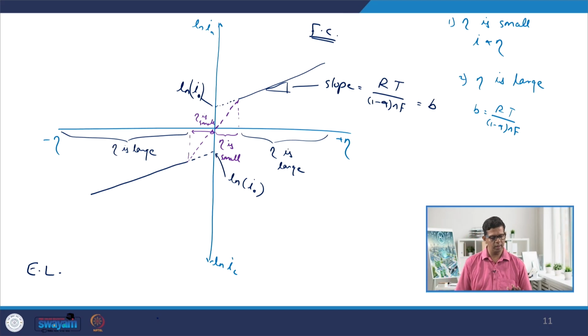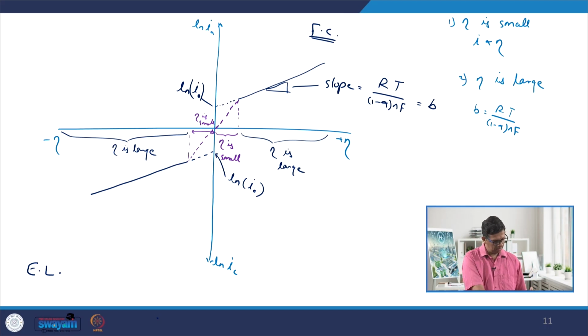We have to understand that eta is negative in the case of electrolyzers and positive in the case of fuel cells. If we extend the straight line to the vertical axis, we get the exchange current, and that value can then be used to find out the RCT also.